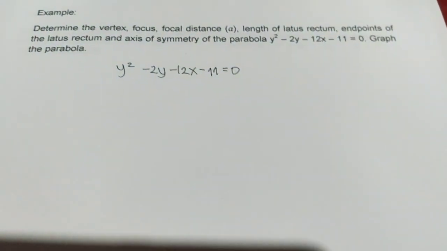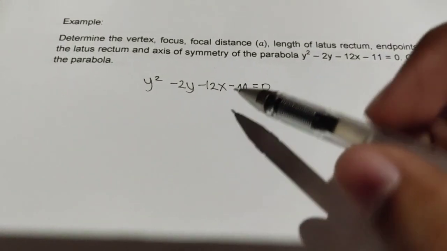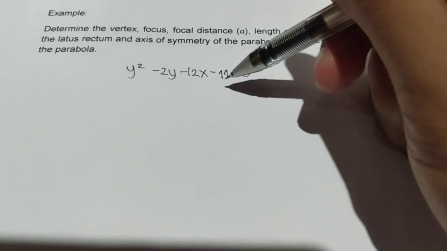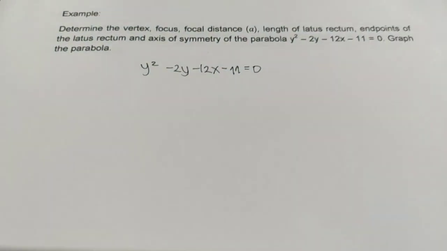So we have here y squared minus 2y minus 12x minus 11 is equal to 0. Then we are going to add the additive inverse of negative 12x and negative 11 to both sides of the equation.